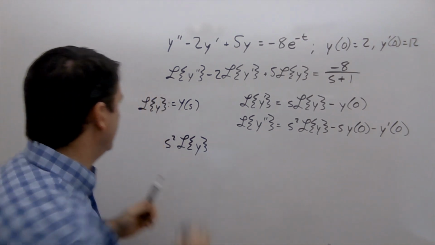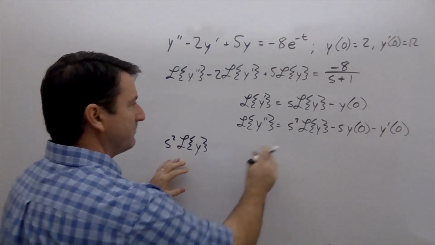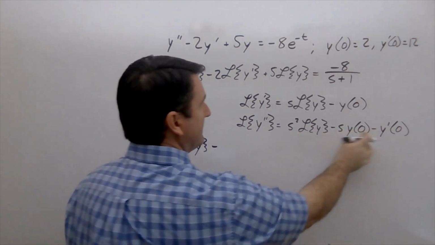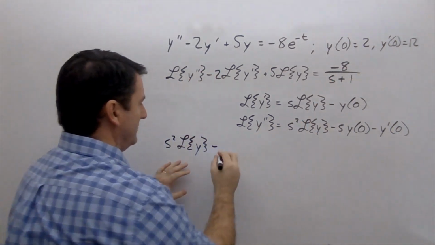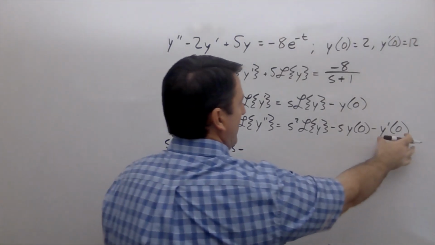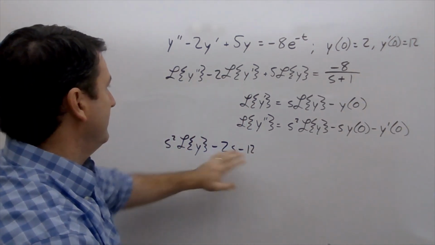But I kind of like writing the fancy L's, so I'm just going to leave it like this. So we get this minus s times y at 0, which we're told is 2, so this is going to be 2s, minus y prime at 0, which is 12. All right, that's this part.